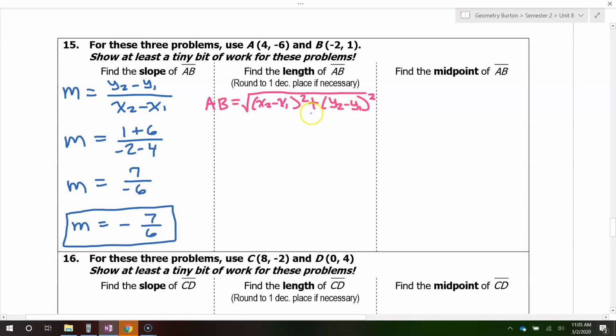This is the distance formula, and that will give me the length of the segment. The distance between these 2 points is the length of this particular segment. So this is a common way to do the problem.